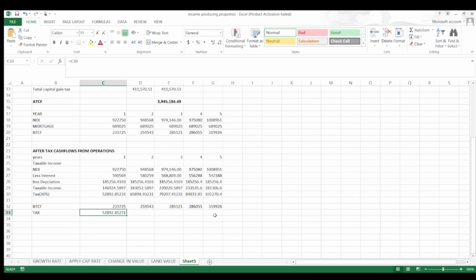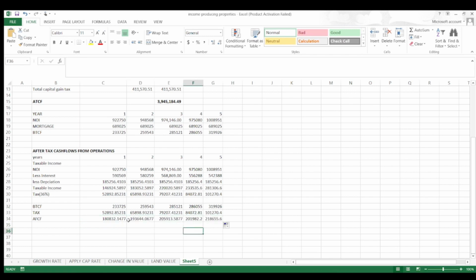So you can simply drag it. So the after tax cash flow is now equal to the before tax cash flow less tax amount, and drag it to the end.